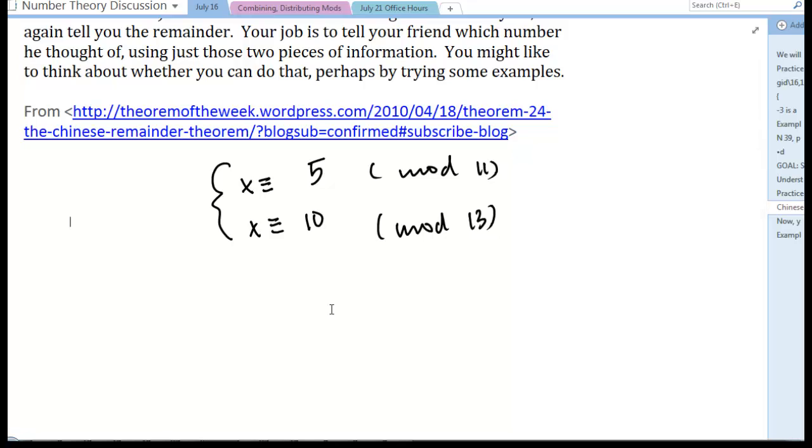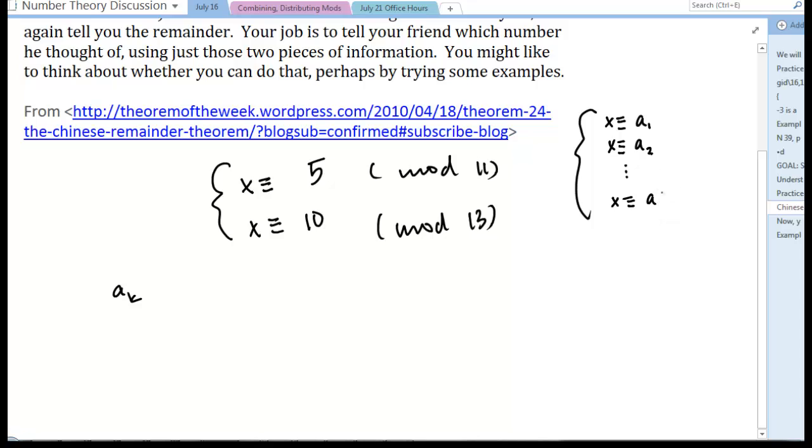And so the notation that you're going to see is a sub k. When you're given a system of congruences, that label is for these particular integers that our variable is congruent to.